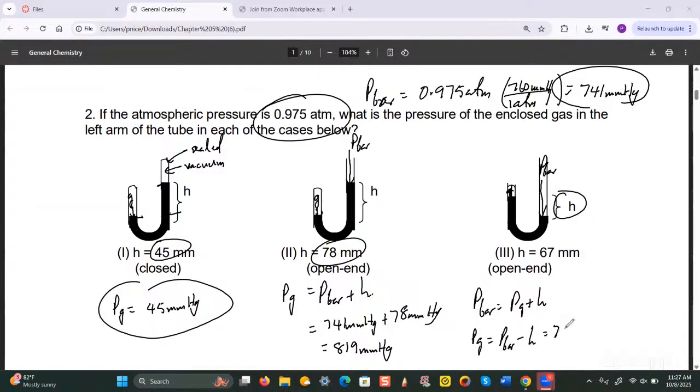That is 741 millimeters mercury minus H, which is 67 millimeters mercury. So let's see what that gives. According to my calculation, that works out to be equal to 674 millimeters mercury. And that's how that works out, right?